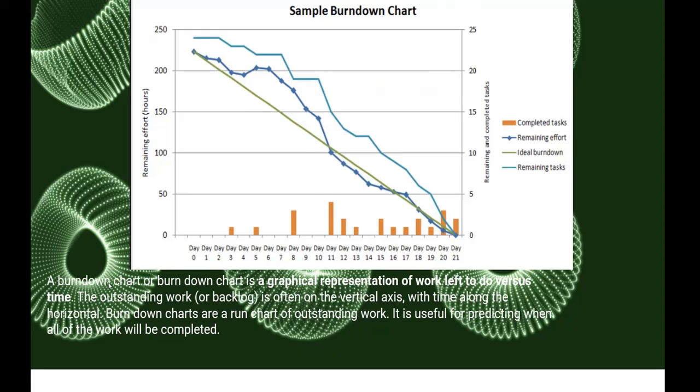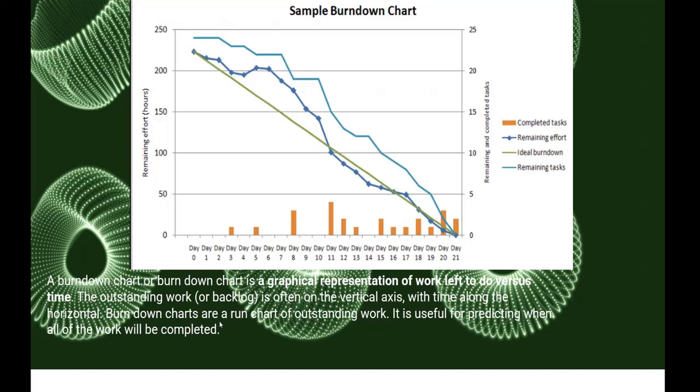So here there is a definition. A burn down chart is a graphical representation of work left to do versus time. Work left to do means how much work we have. The outstanding work is on the vertical axis here, and the time is along the horizontal axis.